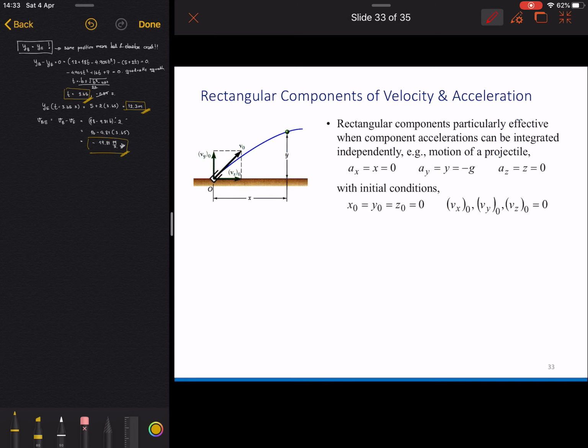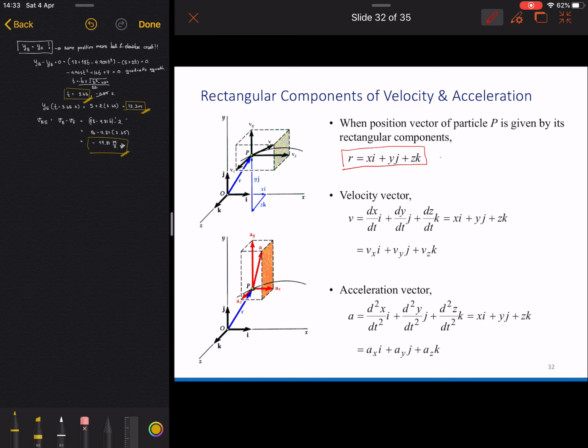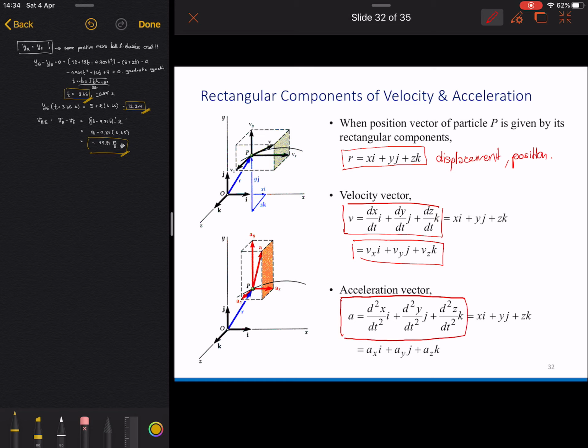And then this is x, or we can say this is displacement or position. To find the velocity, you just differentiate these positions, and then you will get directly this one. Okay, and then here are the terms. And for acceleration, you differentiate the position 2 times, then you also get something like this, right?